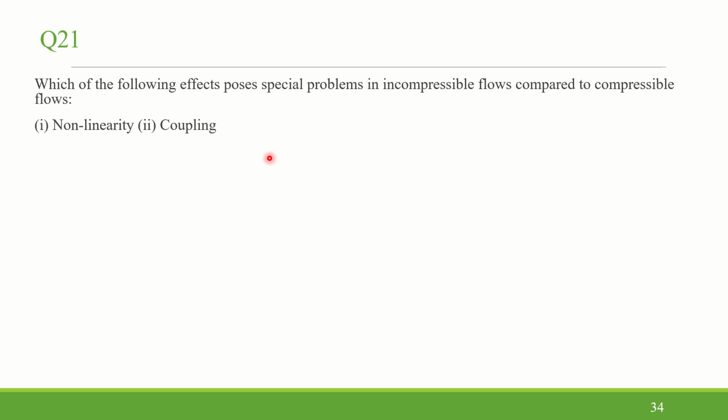There is one more special problem in incompressible flows compared to compressible flows, that is the evaluation of pressure. Evaluation of pressure is difficult when dealing with incompressible flows, because in compressible flows, pressure evaluation is very much easier.